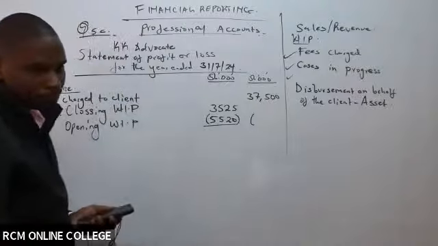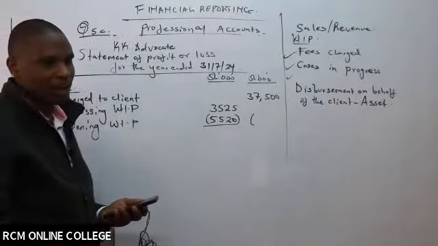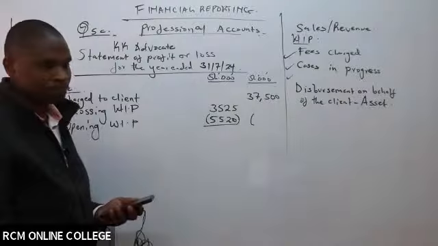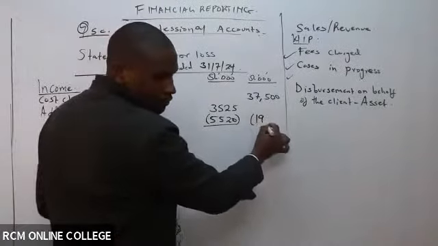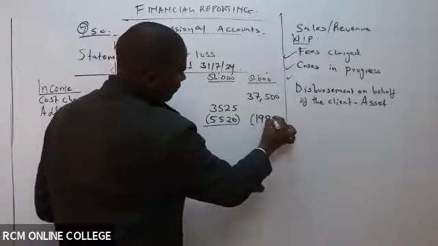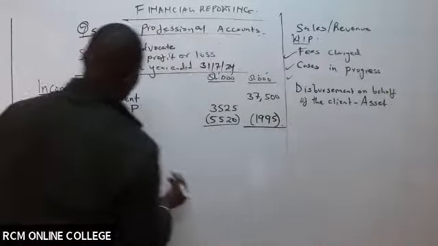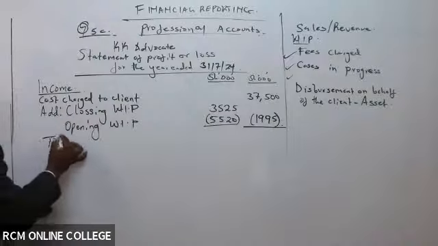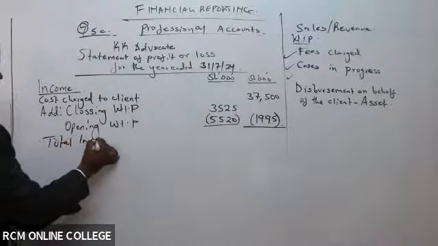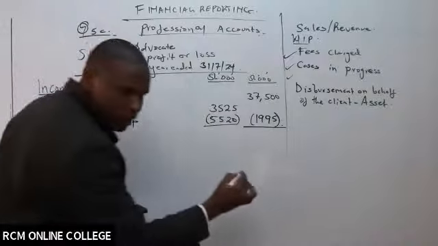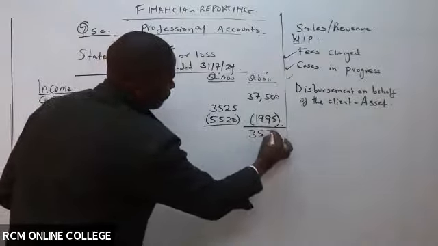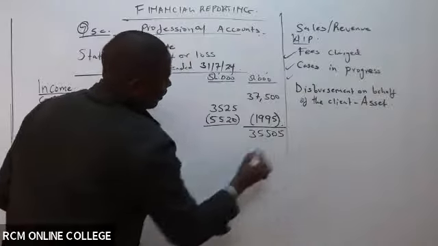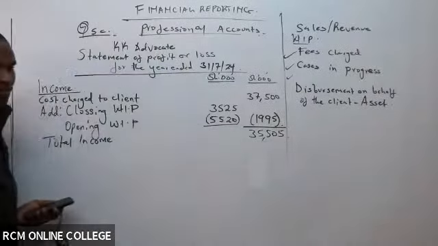How much? It is minus 1995. So that we get the total income, which I think somebody gave us as 35,505.